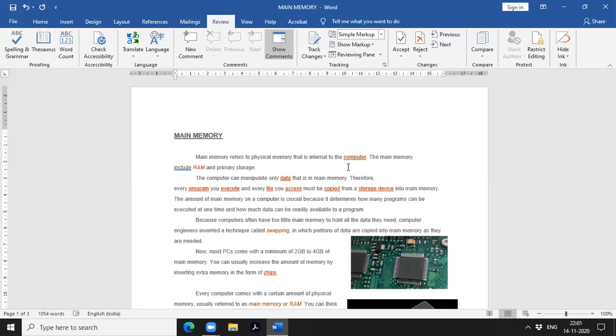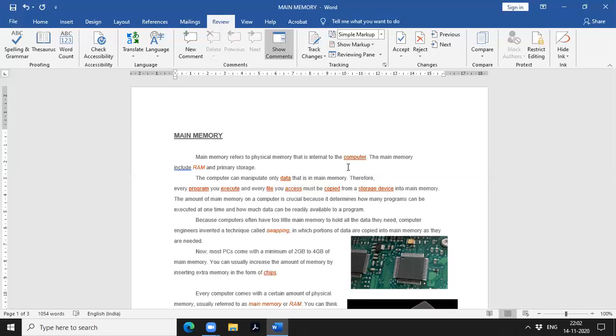This memory helps as much as faster, since our CPU is much faster when compared to our secondary storage. That is why we are using RAM, that is random access memory.